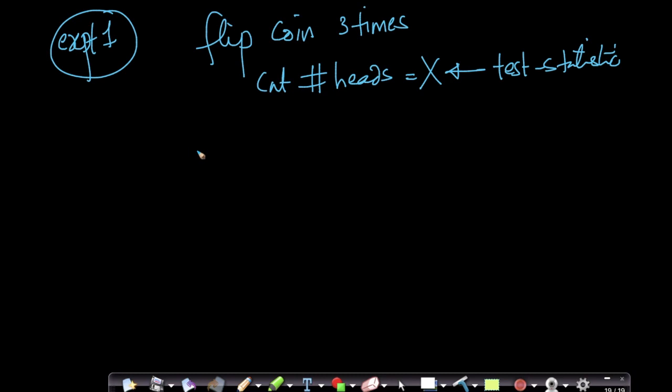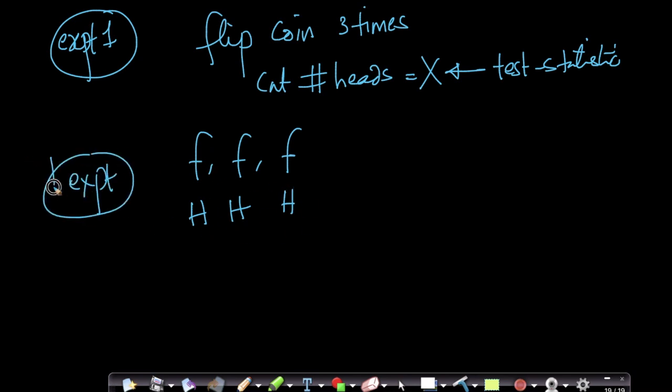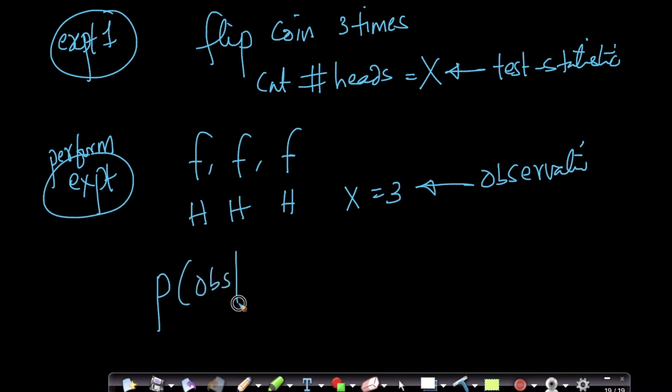Right? So now let's assume I flipped 3 times. Flip, flip, flip. All 3 times, let's assume I again got head, head, head. Let's assume I performed the experiment and I got this. So my x equals 3 is the observation. What is the probability of observation given my null hypothesis, given my assumption? What is my null hypothesis again here?